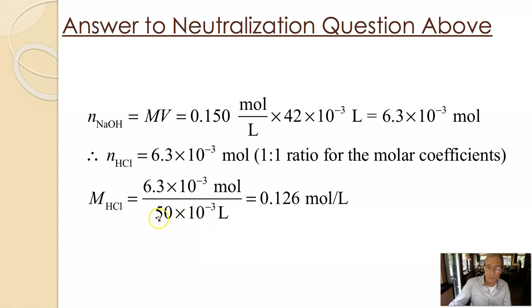Rather than count the decimal places and risk counting too many or too few, I just multiply by 10 to the minus 3. So again, you can just go 50, hit your scientific EE or EXP button, put in the minus 3. Now you've got it in liters, and we wind up with 0.126 mole per liter. So that's the concentration of the acid.